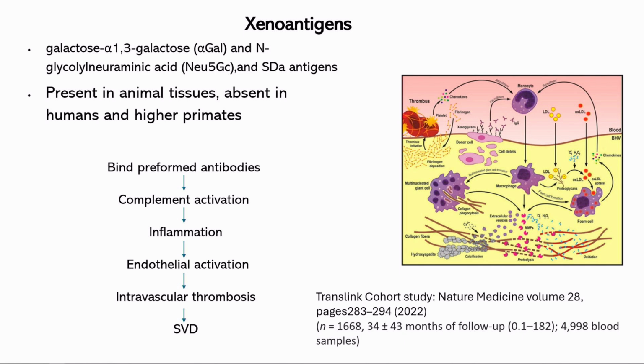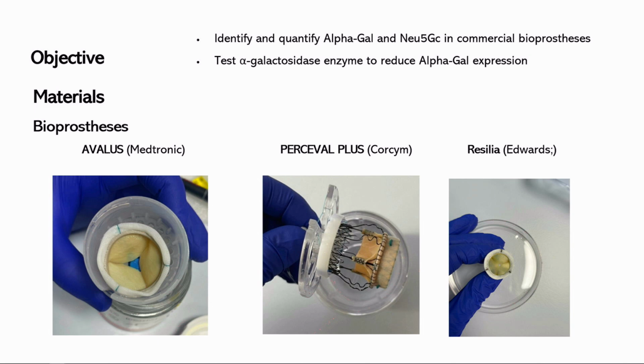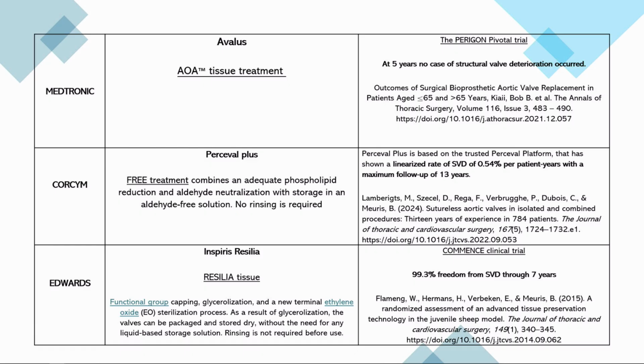In this current study, we got 3 different prostheses: Avalus from Medtronic, Parsival, and Resilia, which is the recent one, I think. The number of samples was not very high because these were samples not used in clinics, so we just took them and used them for this analysis.